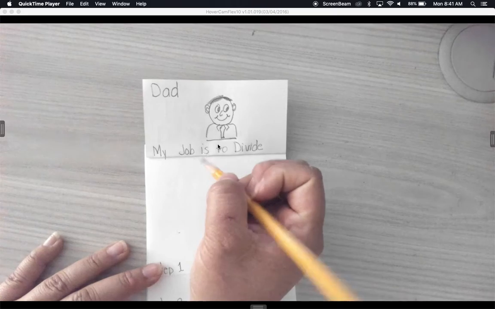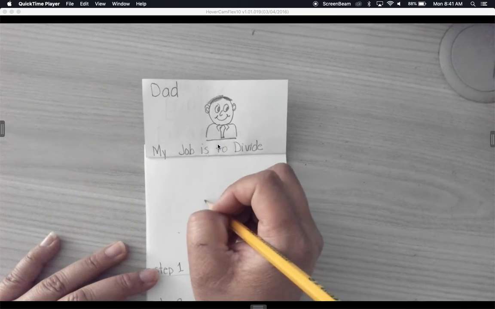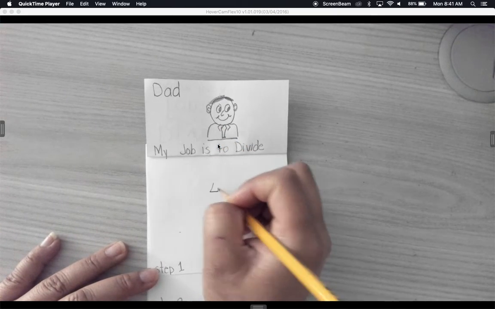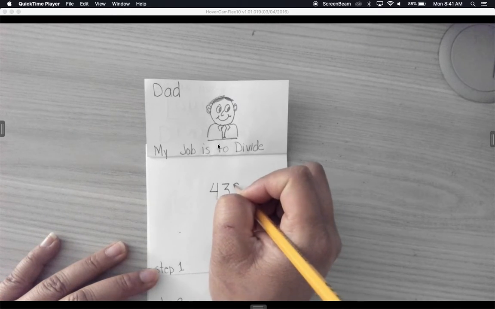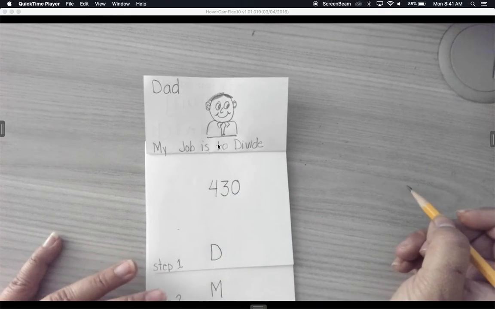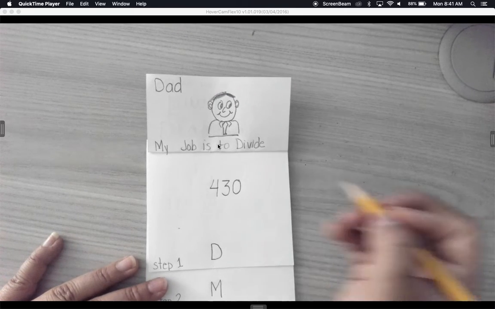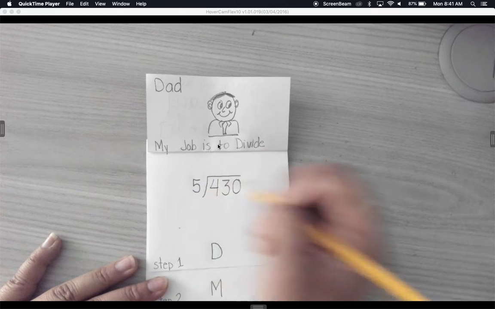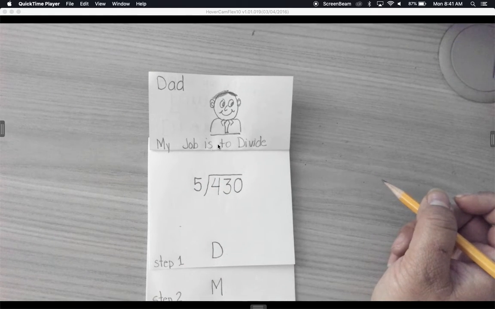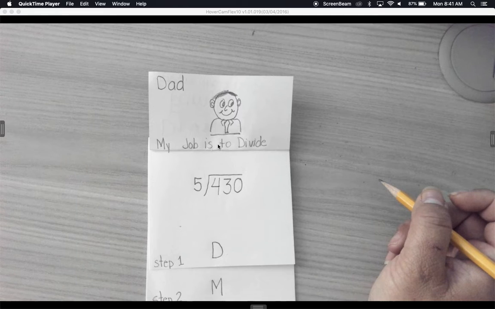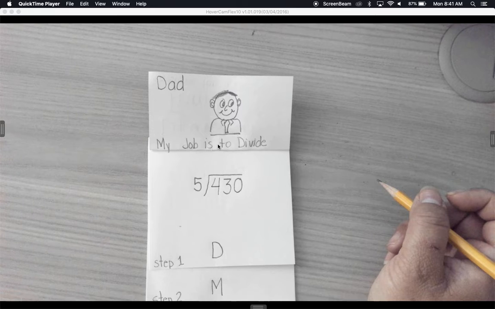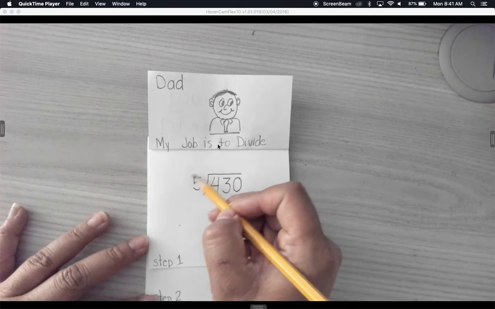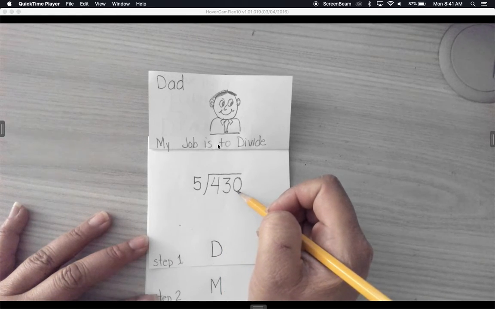So here we have a number, 430, and we're going to divide that by 5. So this is Dad, and he's going to divide, right?